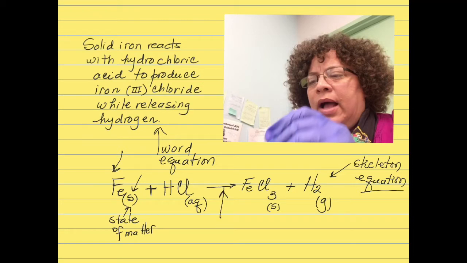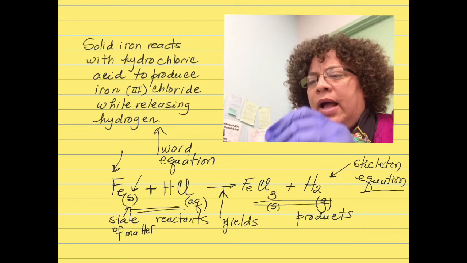This arrow is separating the reactants from the products and means yields or produces, meaning that the reactants were combining just to give you the products.